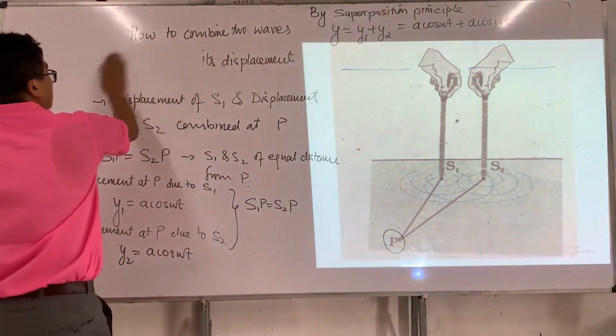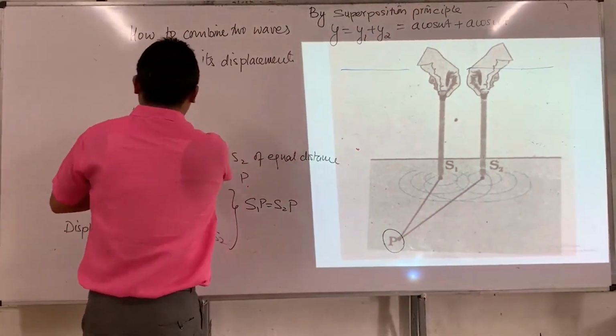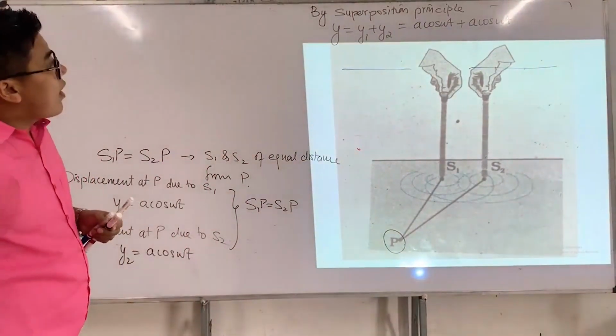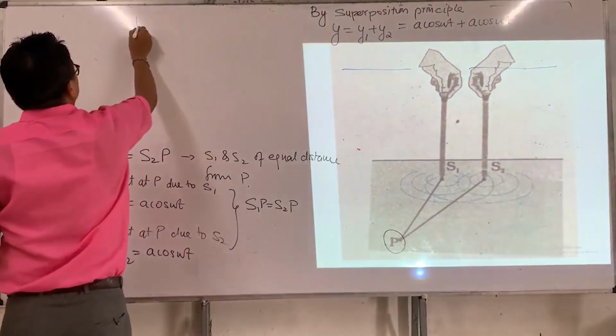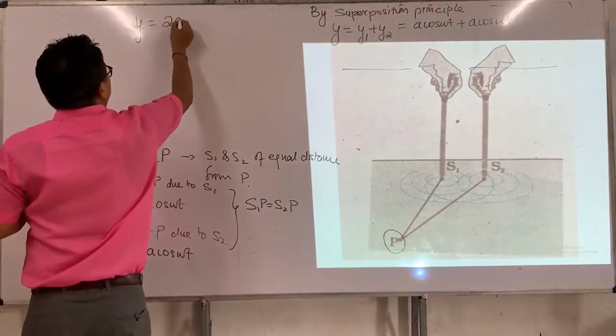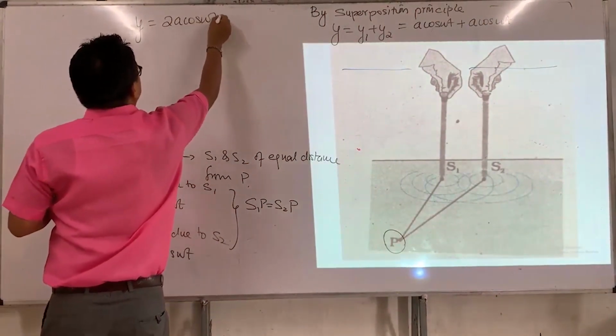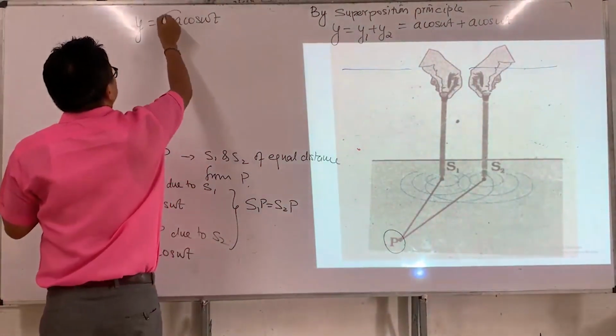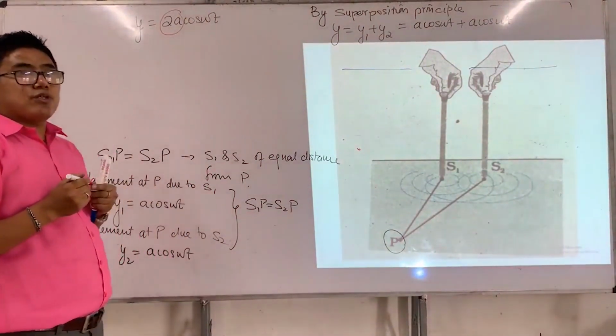Then what I'm going to get is equal to 2A cos omega. Now look at here, this is the amplitude.